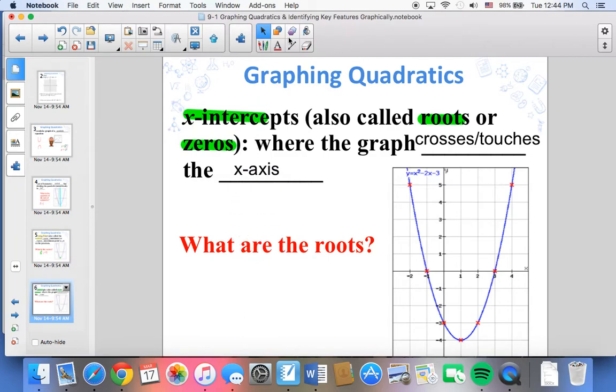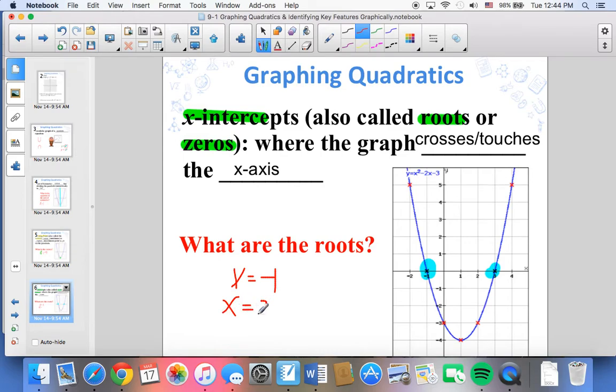So in this example, let's find the roots. Let me highlight them in blue. The roots are negative 1 and 3. So we would write that usually as x equals negative 1, x equals 3. Okay, we typically have two x-intercepts, two roots for a parabola, for a quadratic.